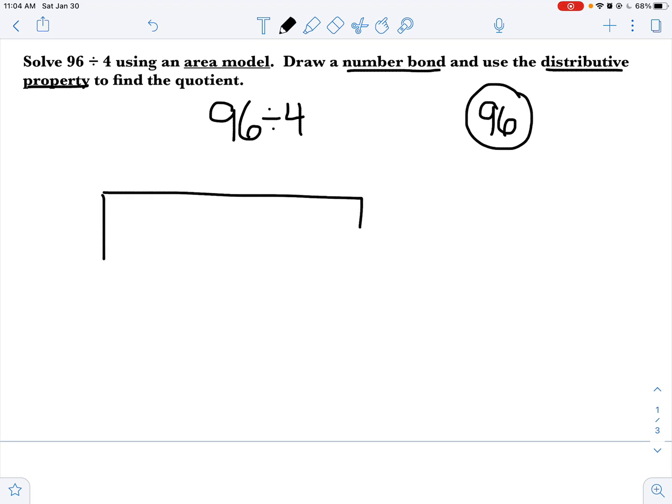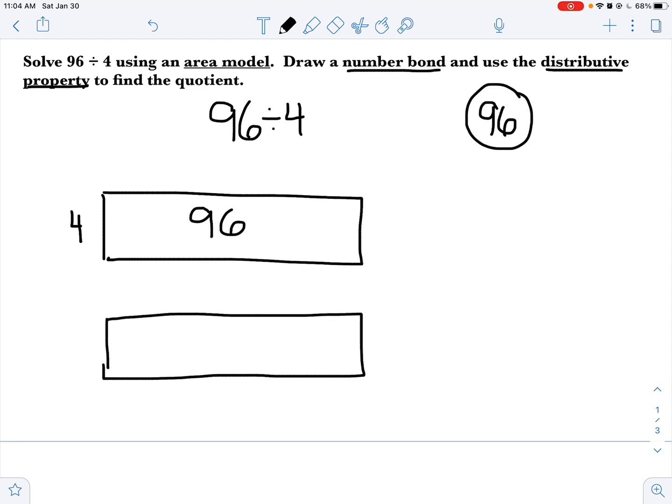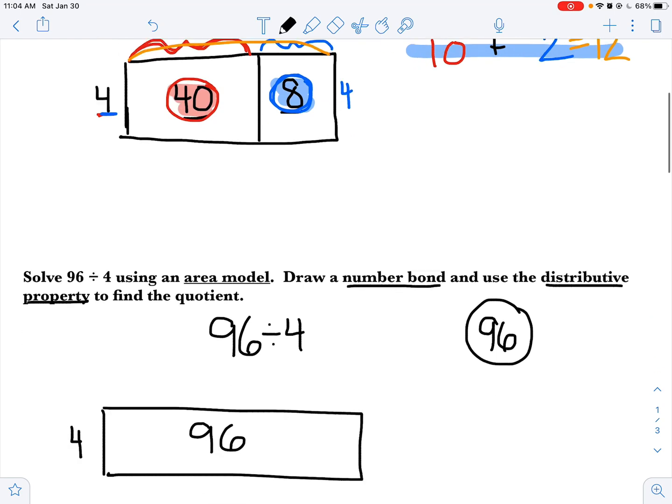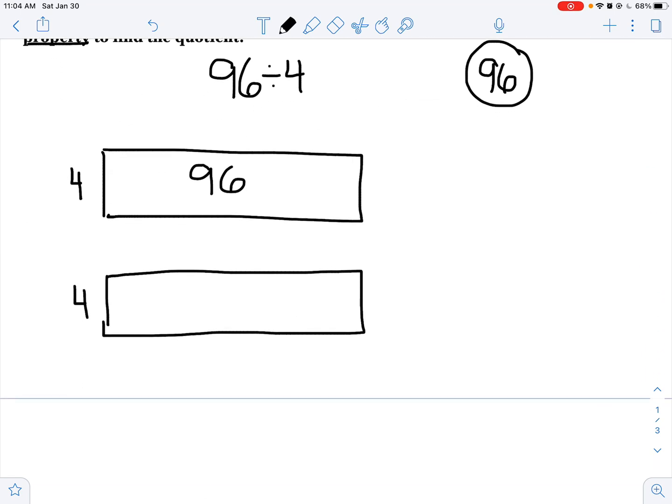I'm going to draw my rectangle for my area model. I know the whole total inside is going to be 96. My short side length is going to be 4. Now what I need to do is figure out how do I want to break up this big long guy to make this a little bit easier. Well, we just did something up here, didn't we? We know 40 is nice and easily divisible by 4, so I think I'm going to stick with that.